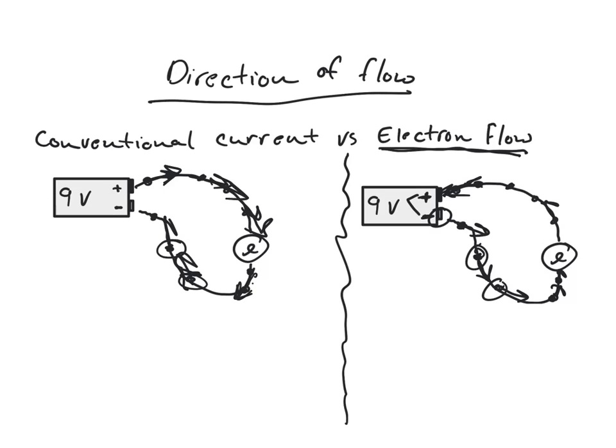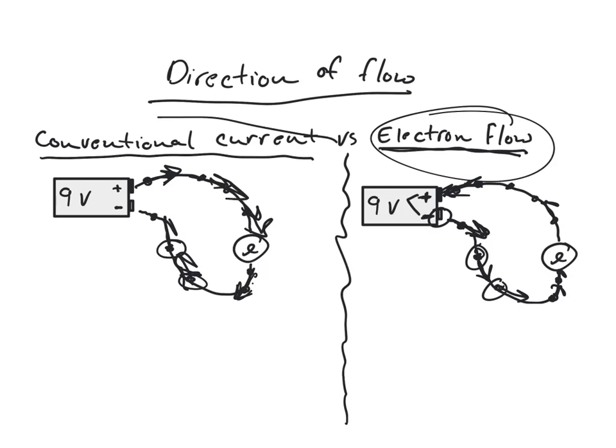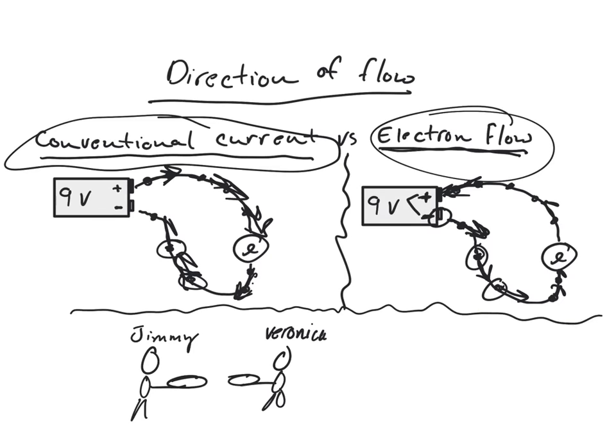So when we talk about conventional current, or from now on, whenever we refer to current, we aren't talking about the direction that the electrons are flowing. We're talking about the direction of conventional current, or rather the reverse of the direction the electrons are moving, which is positive to negative.